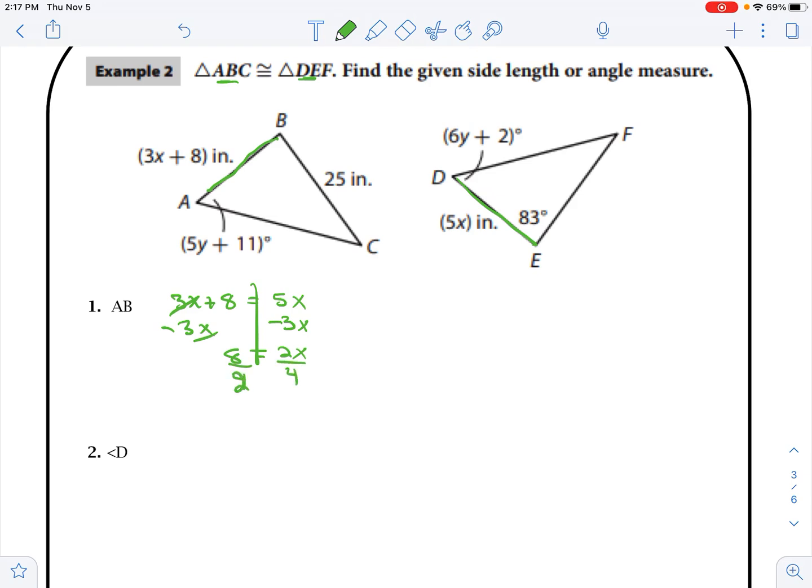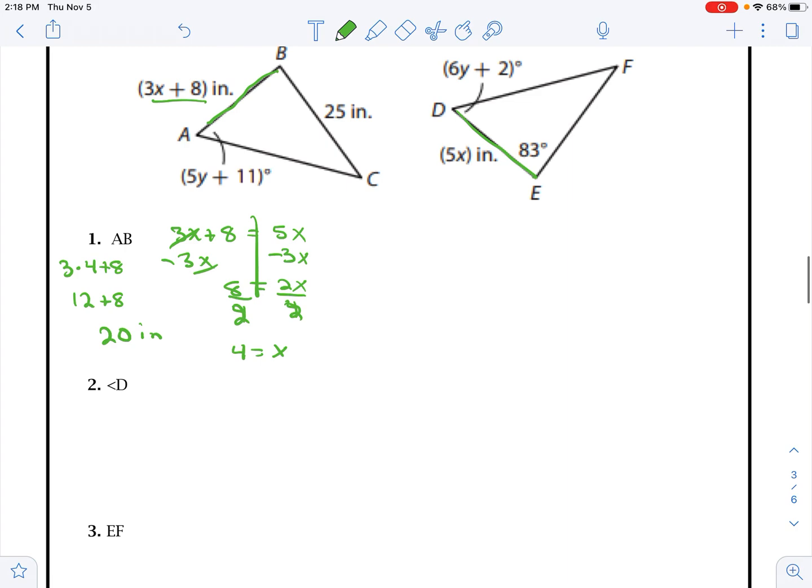Now, that's not what we're trying to solve for. What we're trying to solve is AB. So I plug it in to what AB is: 3 times 4 plus 8. 3 times 4 is 12, 12 plus 8 is 20. So AB would be 20 inches.